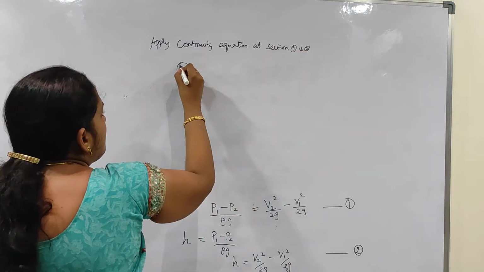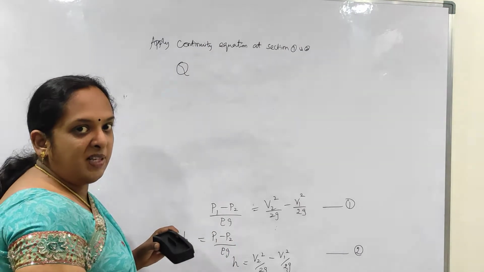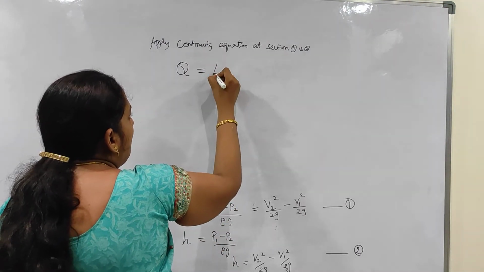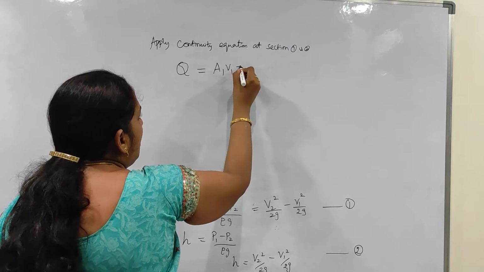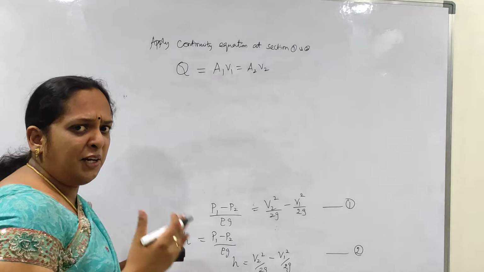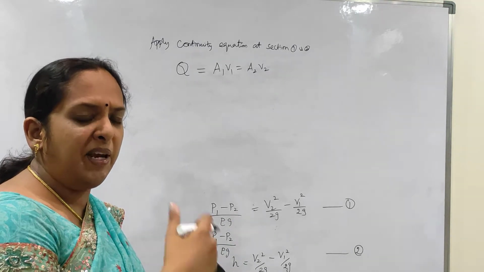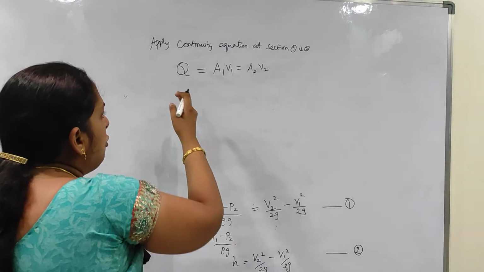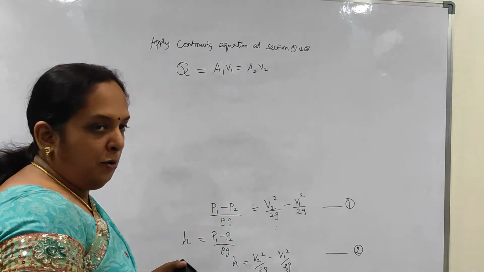The rate of flow is otherwise said to be the discharge, given by Q. By the continuity equation, A1 V1 equals A2 V2. That is the rate of flow: what is entering the inlet will be equal to what is exiting the outlet. So Q equals A1 V1 equals A2 V2.